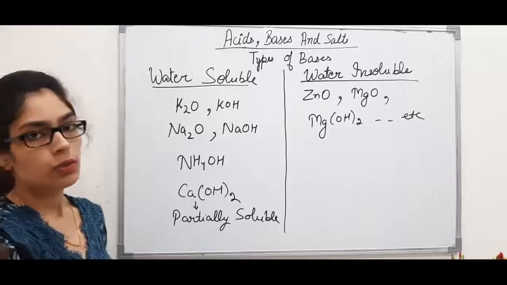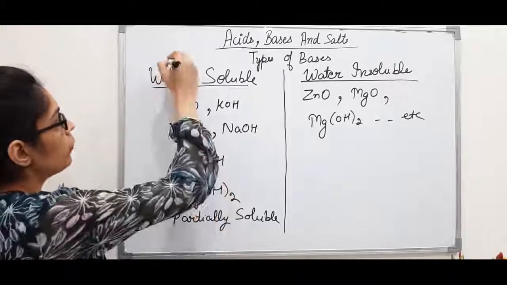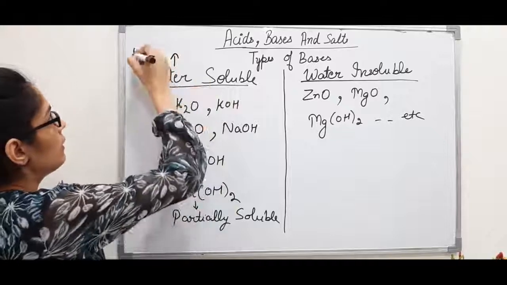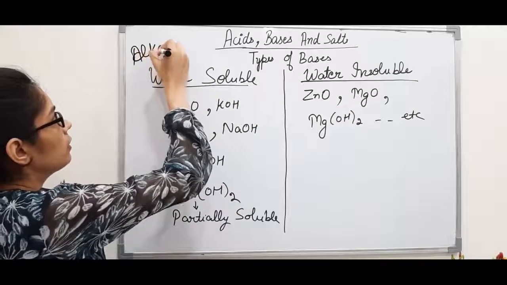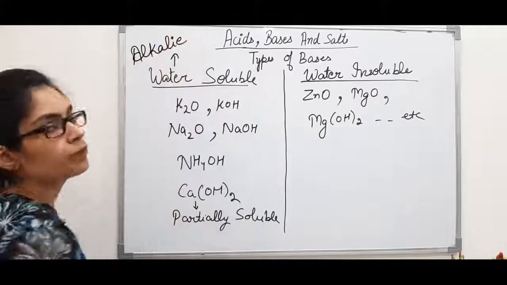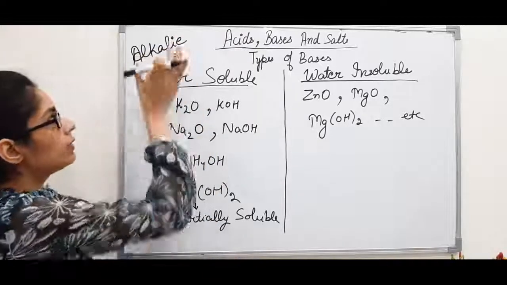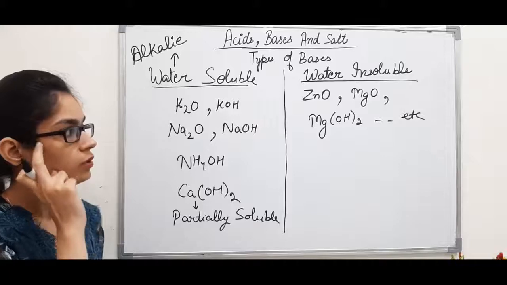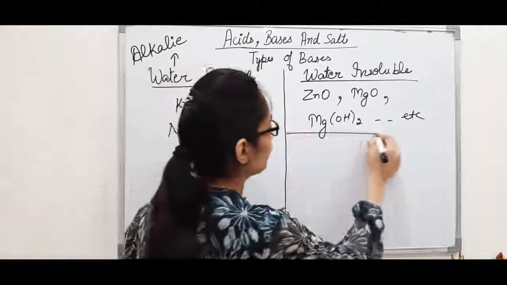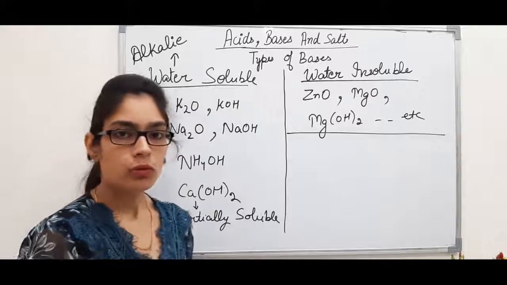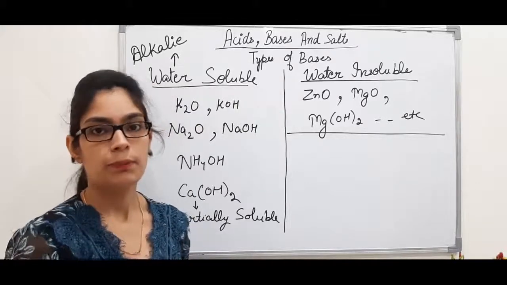Now for water soluble bases, one term is used to refer to these bases, that is alkali. Water soluble bases are known as alkalis. There is one very important question which can be asked. You have to understand, 2 questions are there and they are very similar.